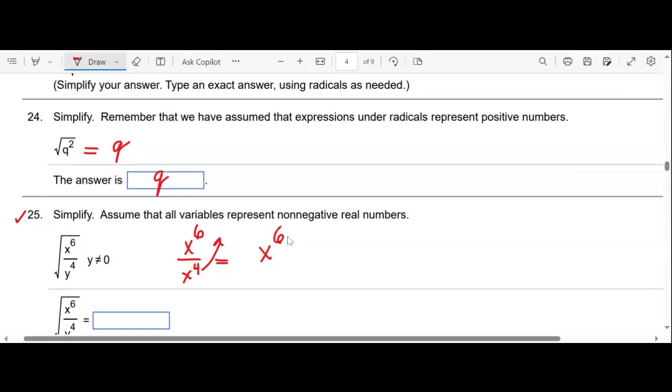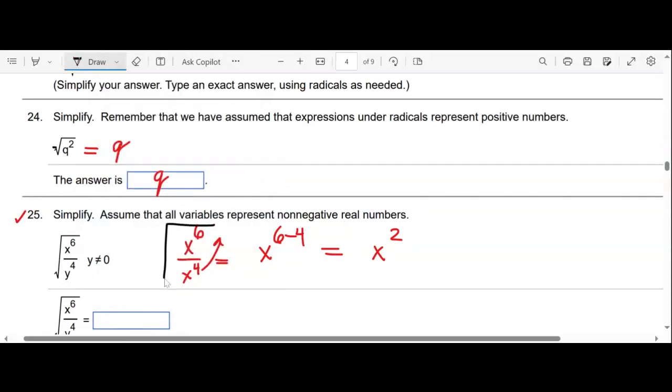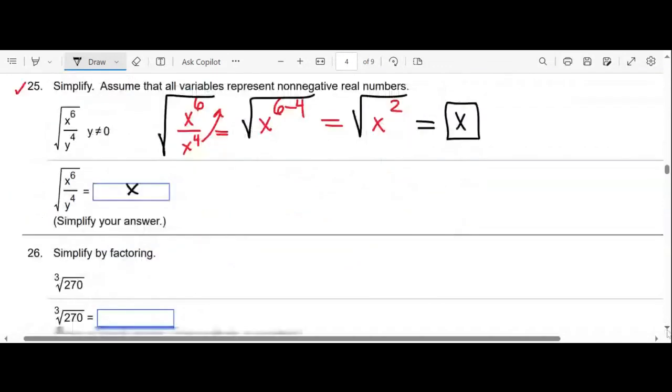It's going to be plus or minus? Very good. You're so smart today. So it becomes what? 2. And don't forget, what do we have outside? Square root, right? So what's the square root of x squared? You are so smart. You're going to get an A in this course.